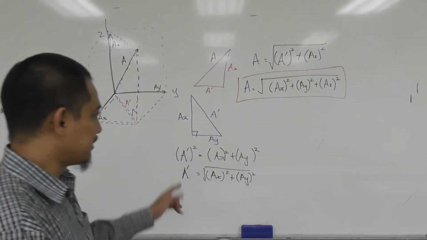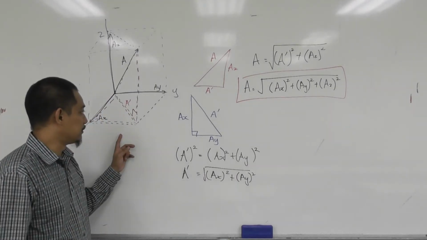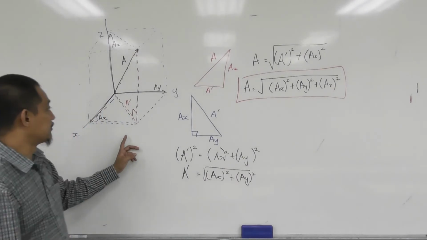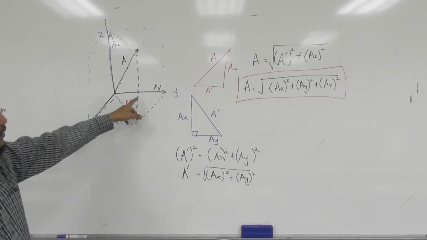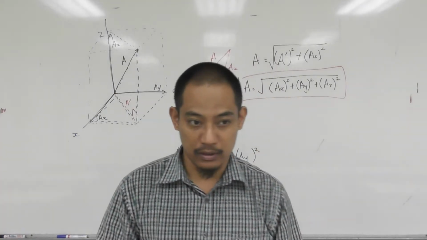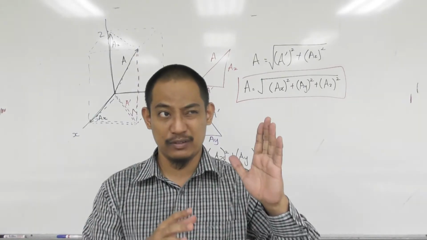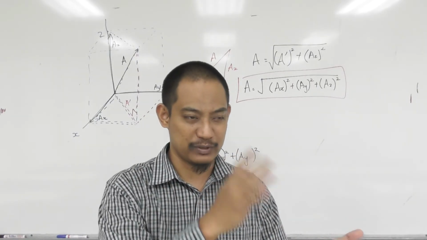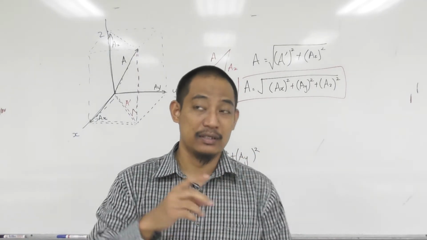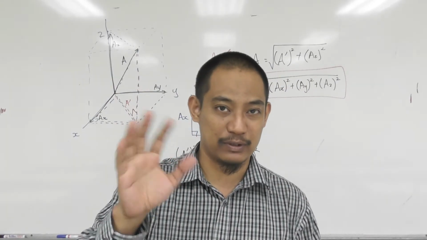And so that is one way a 3D vector can be represented, where you have the x component, y component, and z component. Now again, I have to remind you, just like in the 2D problem just now, we have the angle 45, 30, 60, and the triangle, right? 3, 4, 5, 5, 12, 13, whatever.